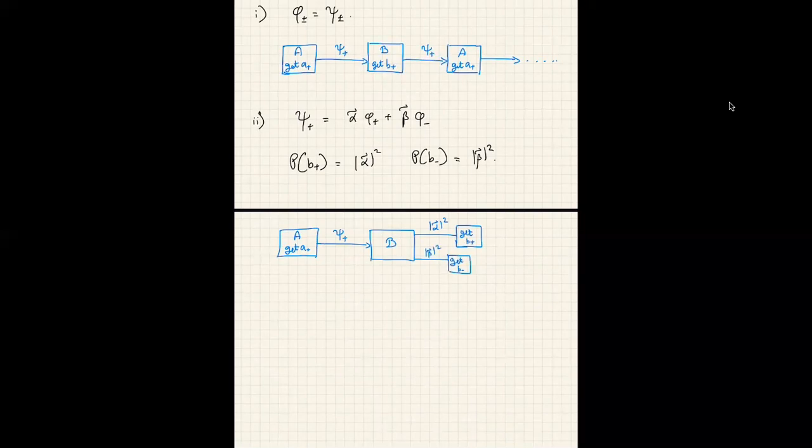Okay. Now, if I get B plus, then I have collapsed the system onto the state phi plus. And if I get B minus, I've collapsed the system onto the state phi minus.